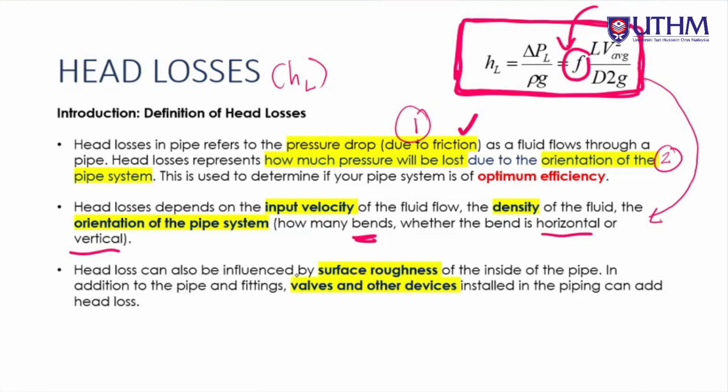Head loss can also be influenced by surface roughness on the inside of the pipe, yang seperti yang kita terangkan tadi, and in addition, the pipe fittings, valves and other devices that are installed in the piping can also contribute to head loss. Okay, dia adalah beberapa items yang kita will need to consider in order to calculate the total losses in pipe system. Okay, ini adalah beberapa contoh lah.